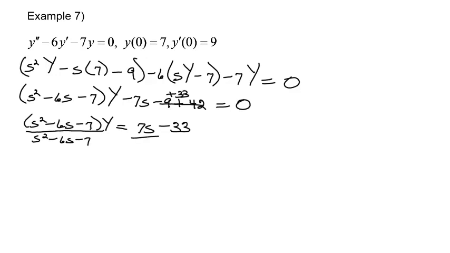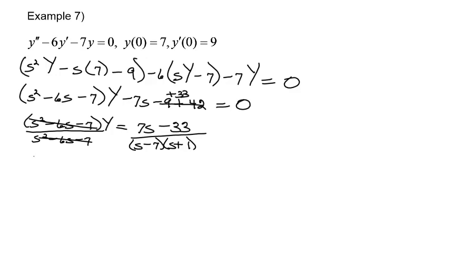Now, as I do that, I'm going to see that this is factorable, and so it will be helpful to go ahead and factor that denominator as s minus 7 times the quantity s plus 1. Anytime you have a quadratic denominator that is factorable, partial fraction decomposition is next.